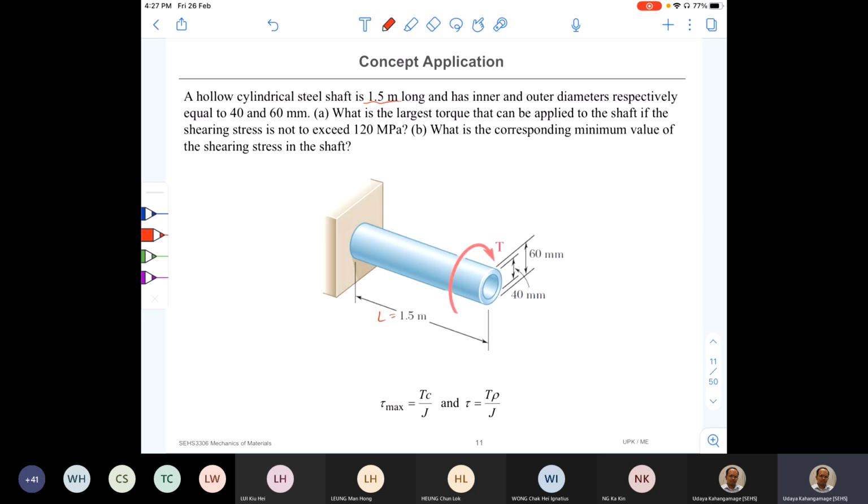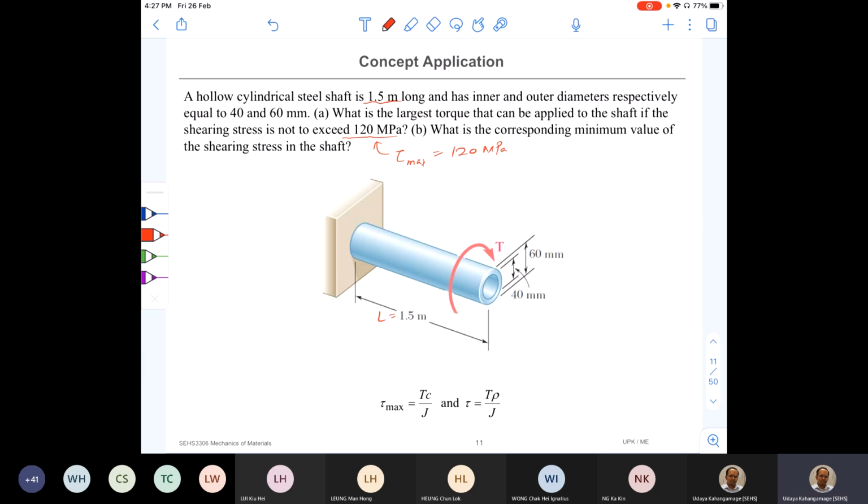What is the largest torque that can be applied to the shaft if the shearing stress is not to exceed 120 megapascal? So this shearing stress is the maximum, so we know the maximum shear stress is 120 megapascal.